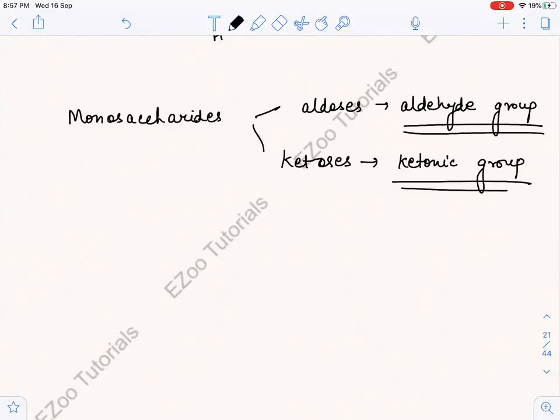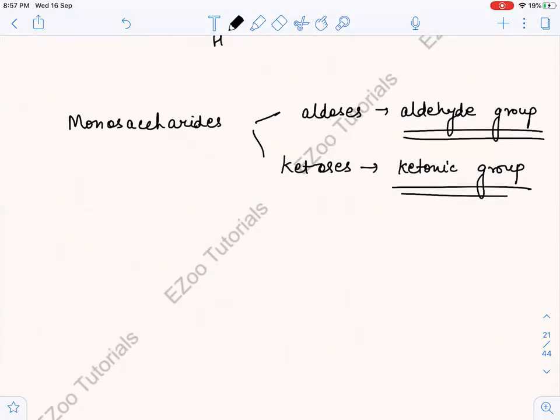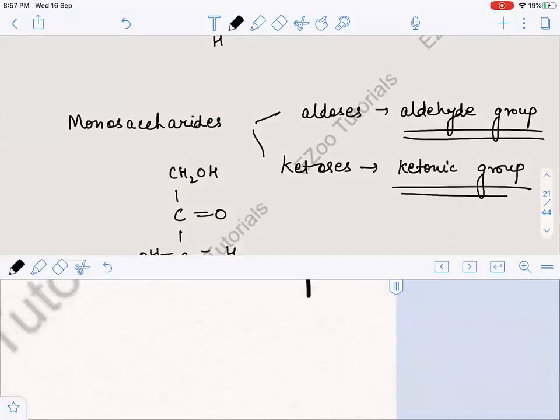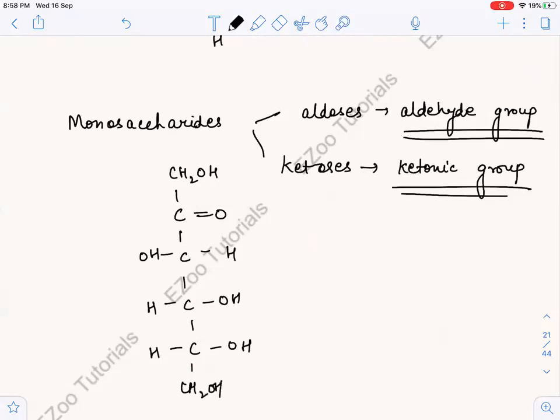So now let us see if you can identify the keto group and the aldehyde group. Let us make this CH2OH, C double bond O, C OH, and H, OH and H, CH2OH. So what can we see? What is this and what is this?